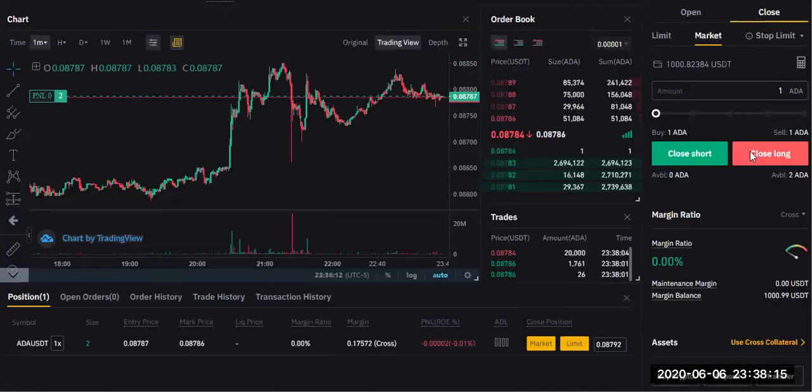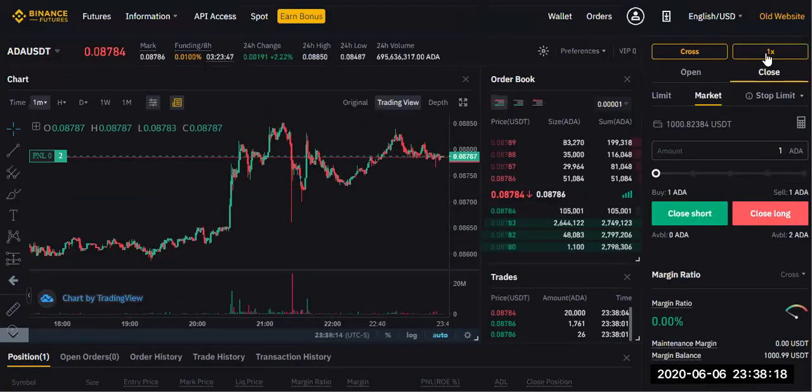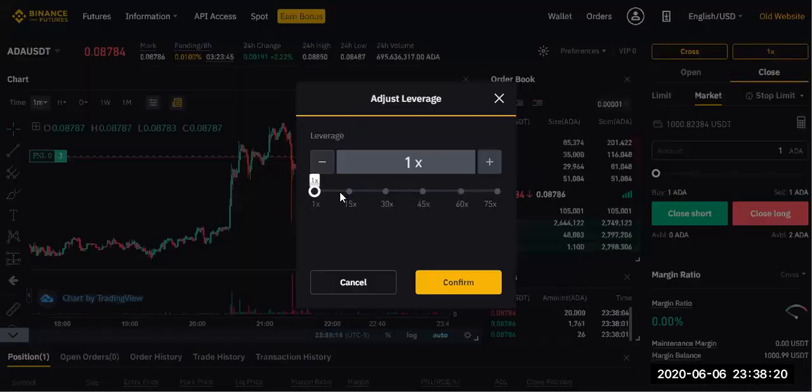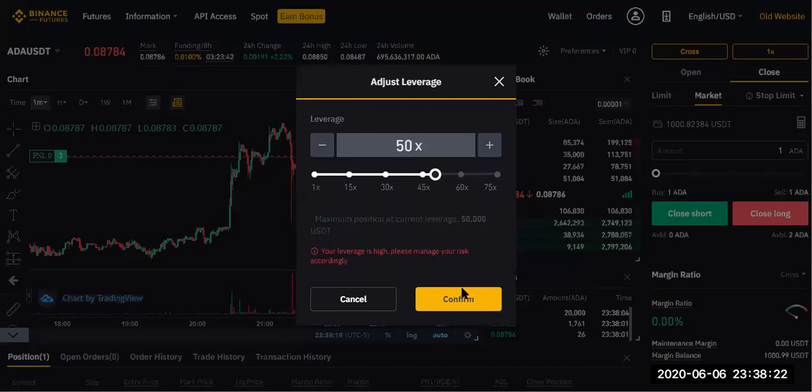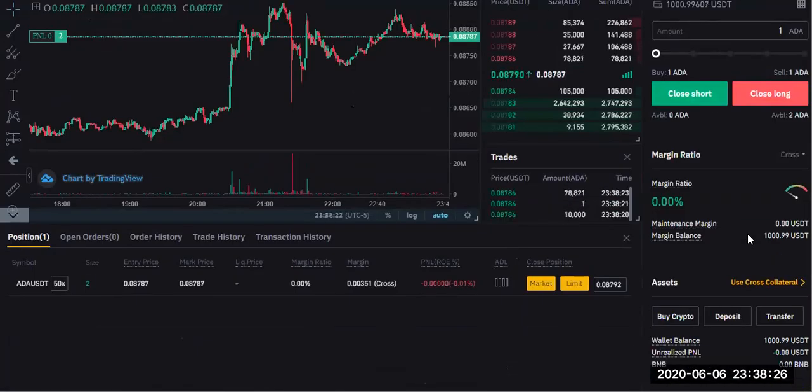It's automatically adjusting for the equivalent. It would normally be 17 cents, but because I'm using 50x leverage, it's using 50 times lower than that, which is 0.0351. So 0.3 of a cent is what they're using.